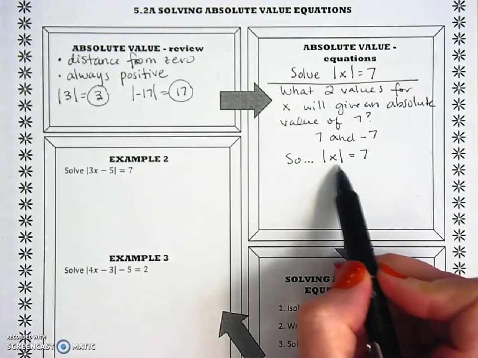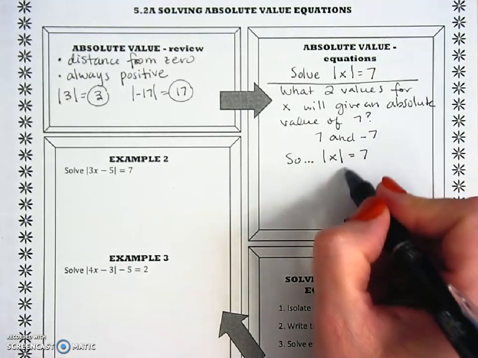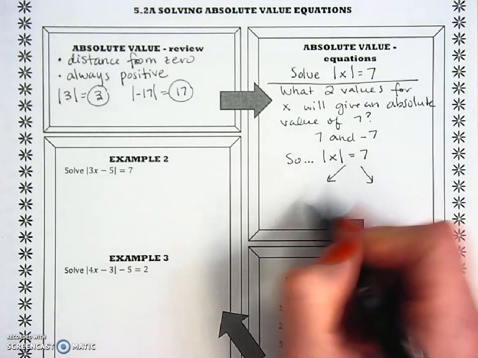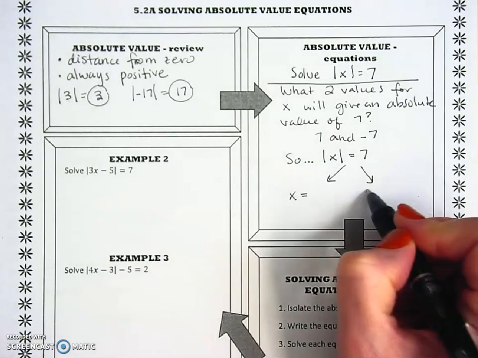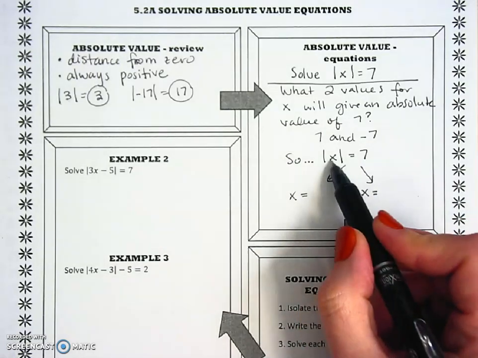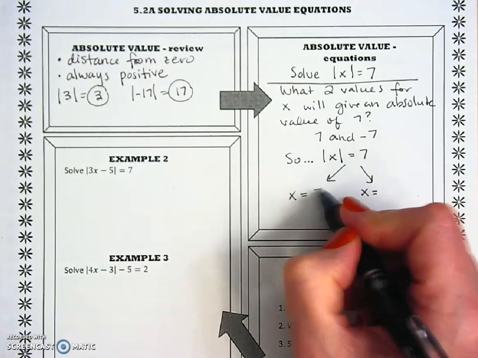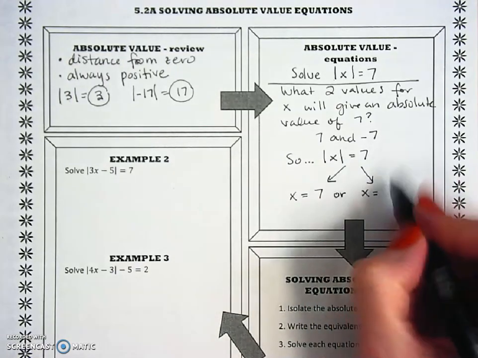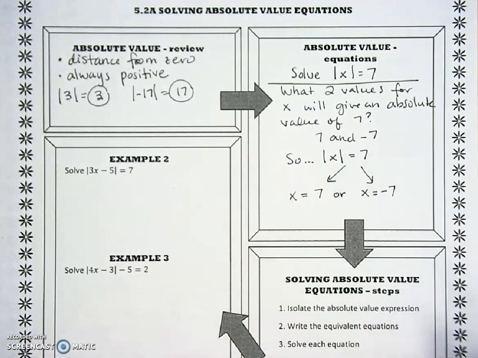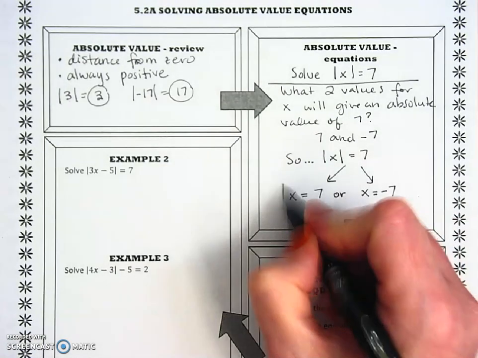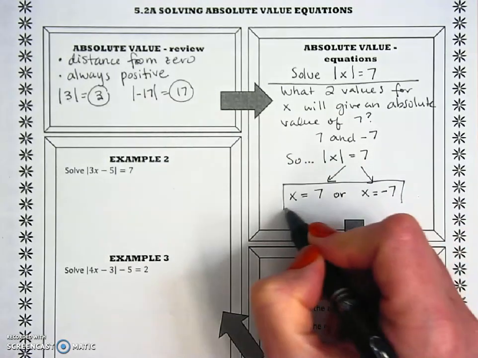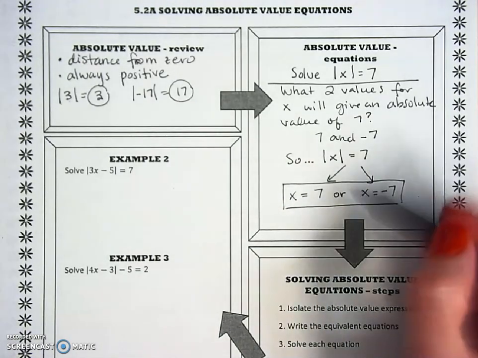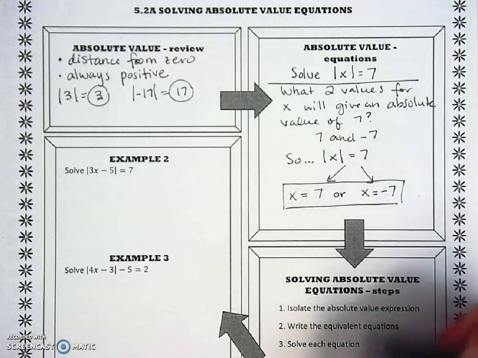If you have an absolute value equation set up like this, you take the stuff inside, which in this case is only x, and you say that the stuff inside can either equal a positive 7 or negative 7. In this case, there's no more solving to do, so these would be our answers. Keep this section in mind while we do these other equations.